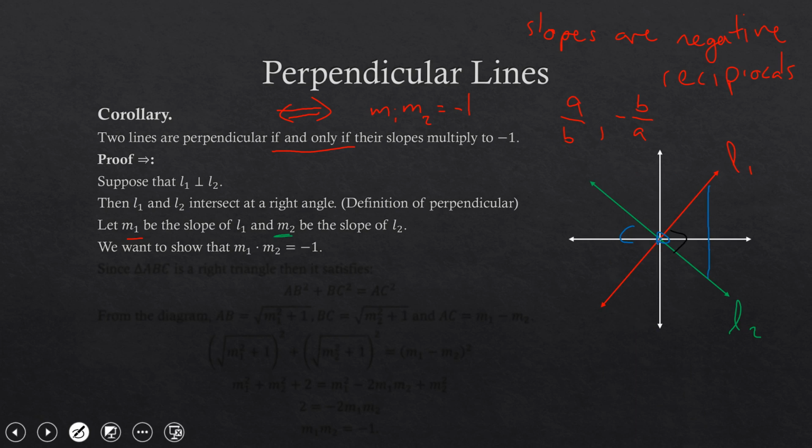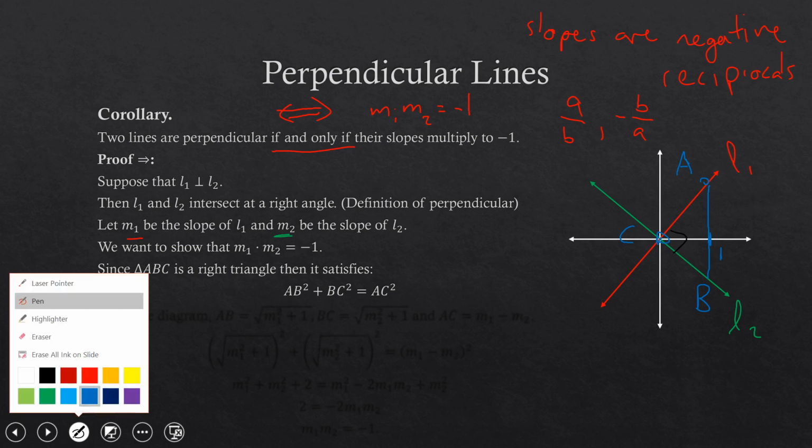Because that's a right angle right there, we're going to call this point A, and this point B. We're going to make this line be where x is 1, so this is an x coordinate of 1 right here. It kind of simplifies things a little bit. Alright, so ABC is a right triangle, so it's going to satisfy the Pythagorean theorem, which is, oh, I chose my letters incorrectly. Let's go ahead and fix that.